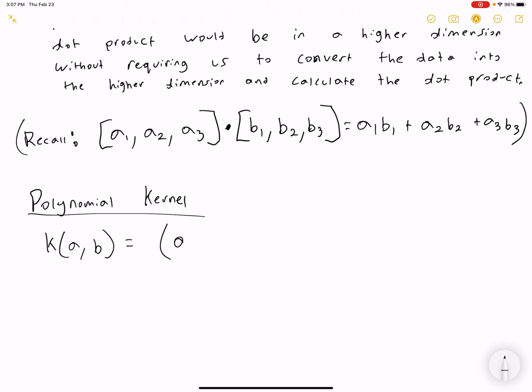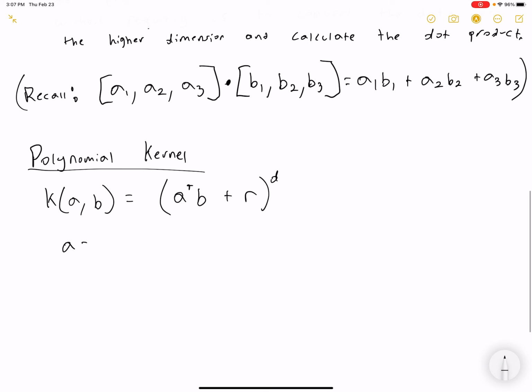And that function is the dot product of a and b plus r, to the dth power, where a is data point number 1, and b is data point number 2, and r and d are hyperparameters.